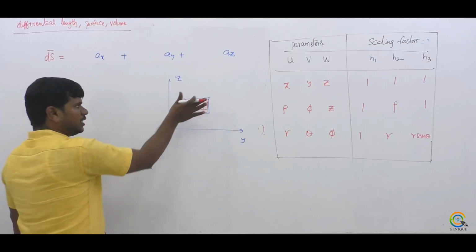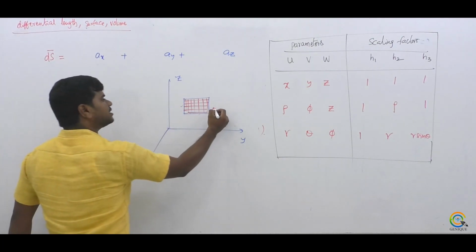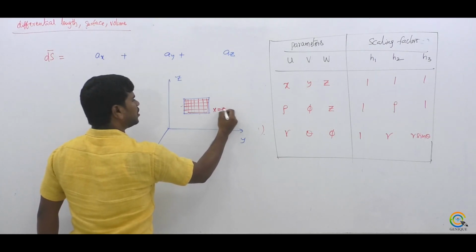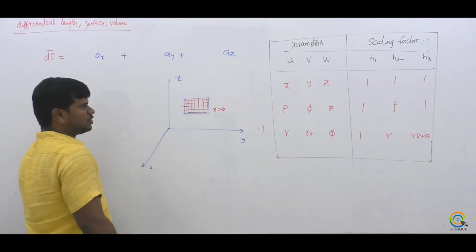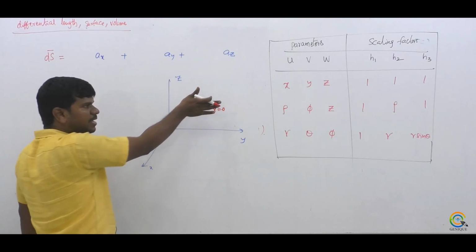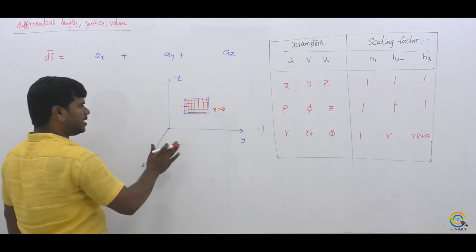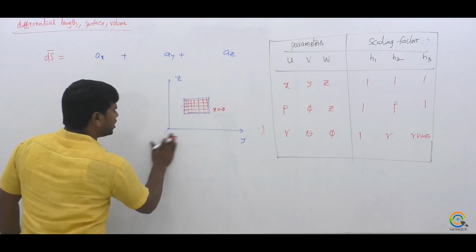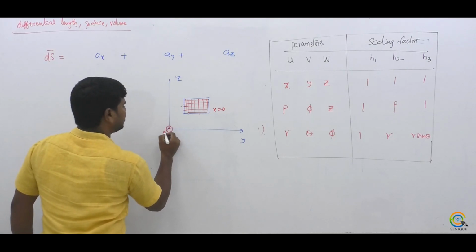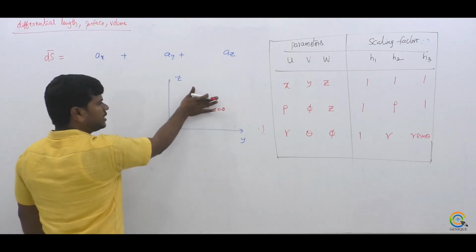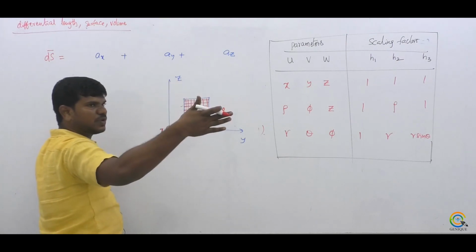So this is the differential volume. This is the x equals 0 plane. X equals 1 plane will be like this. X equals 2 plane will be like this. This is x: x equals 0, x equals 1, x equals 2, x equals 3.